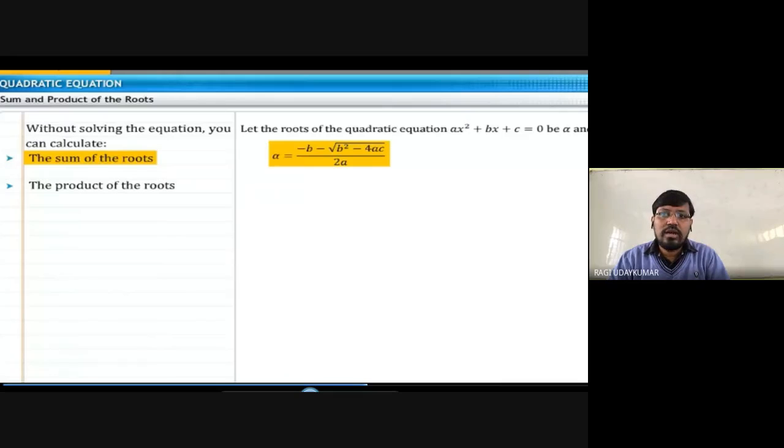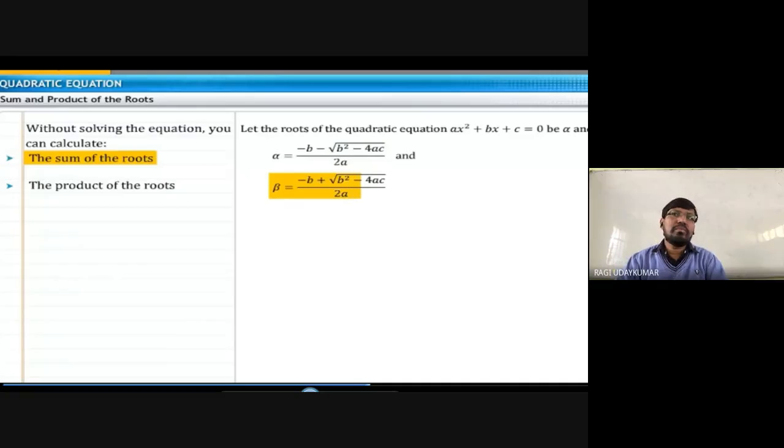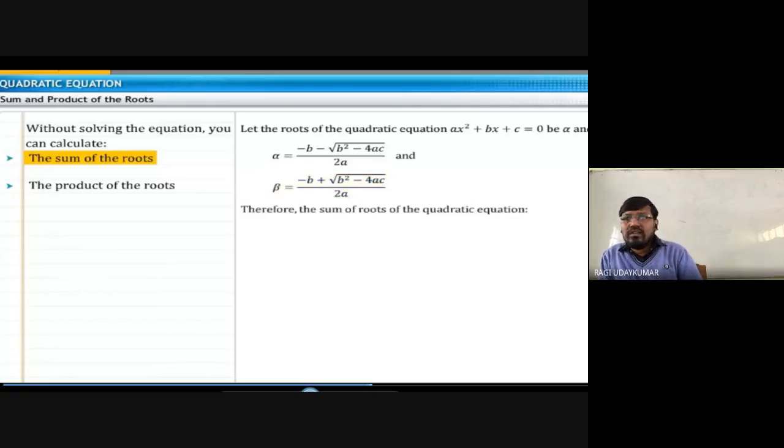One root is minus b minus under root of b square minus 4ac by 2a. Another root is minus b plus under root of b square minus 4ac by 2a. You add these two roots, the sum of the roots, alpha plus beta. Then what are you going to get?